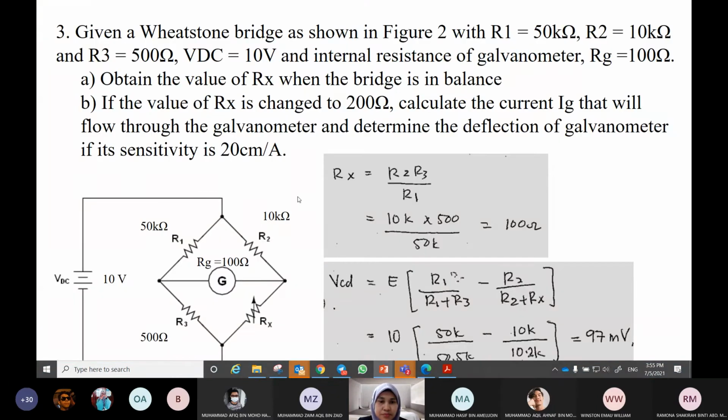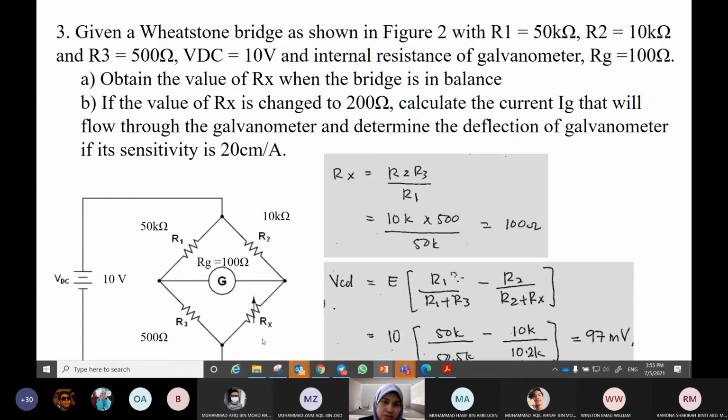Question number 3. Given a Wheatstone bridge as shown in figure 2 with R1 equal to 50K, R2 equal to 10K, R3 equal to 500 ohm, VDC equal to 10 volt, internal resistance of the galvanometer is 100 ohm. Obtain the value of RS when the bridge is in balance. Okay, so we know the formula.